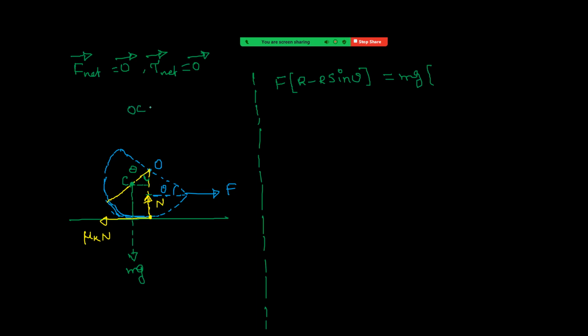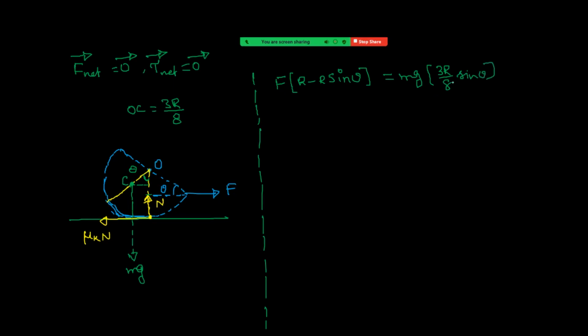That is given. Then OC becomes the hypotenuse in this triangle and this becomes the opposite side. So this becomes 3R by 8 into sine theta.